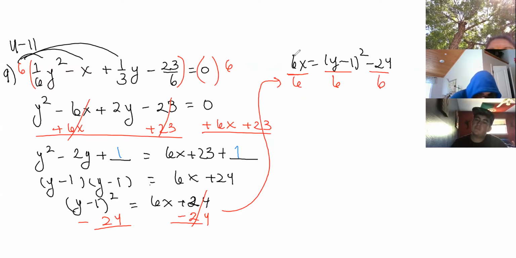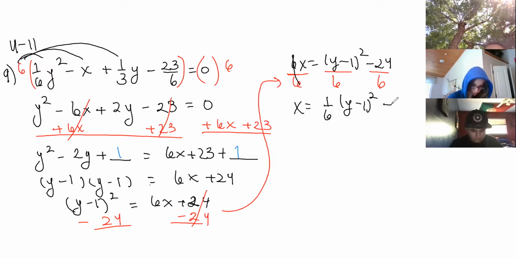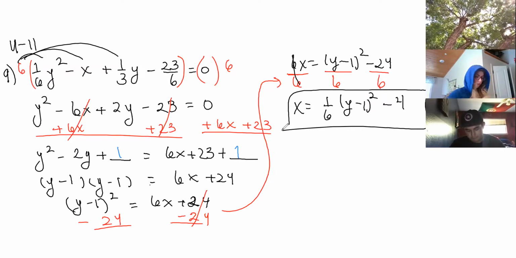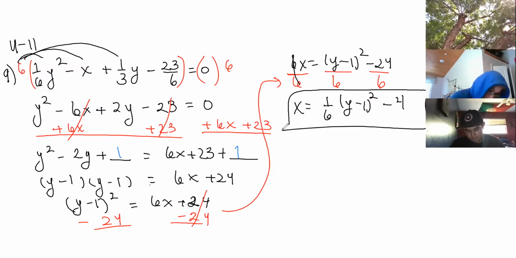All right, so that gives me x equals 1/6 times the quantity y minus 1 squared minus, what's 24 divided by 6? 4. So that there is your parabola in descriptive form.